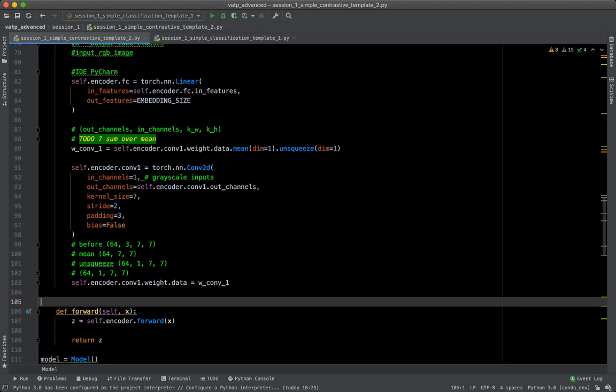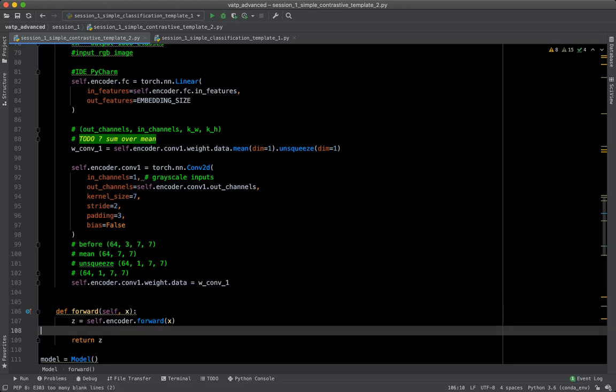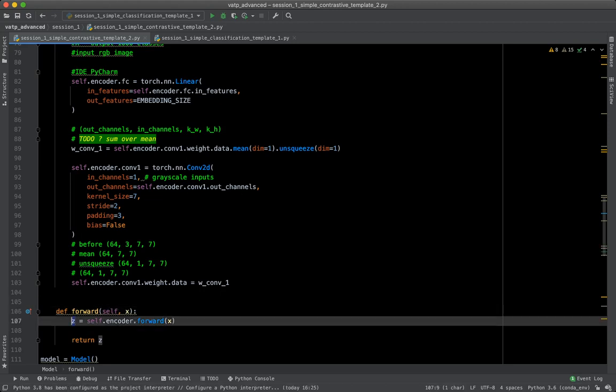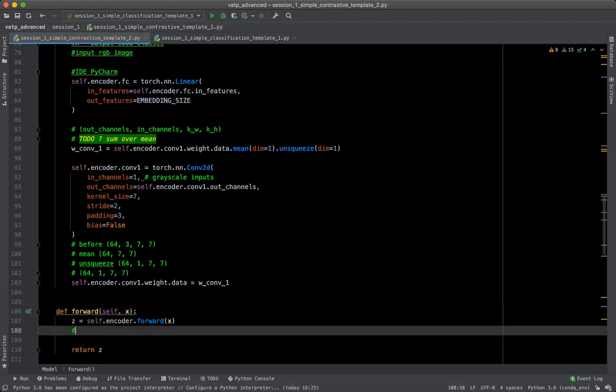So here we have the z vector. The z vector is now unbounded. It can go to infinity. So we have, let's say, 32 dimensions there. If there were 4 dimensions, then there could be something like 0, 1, minus 2.1, 2, minus 5, right?